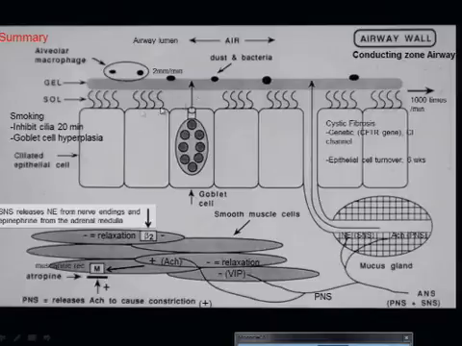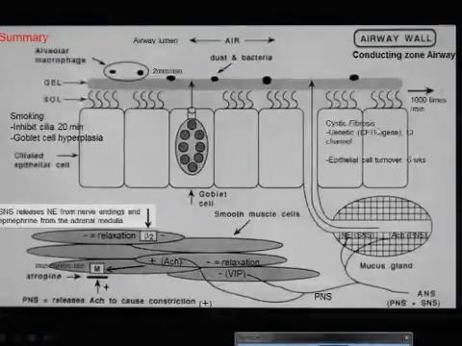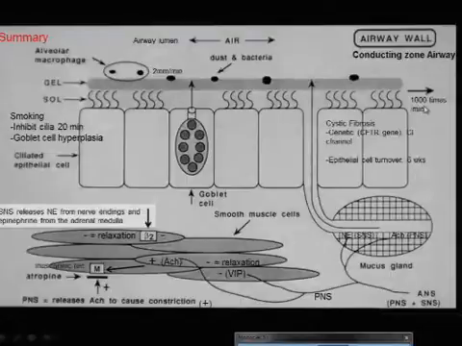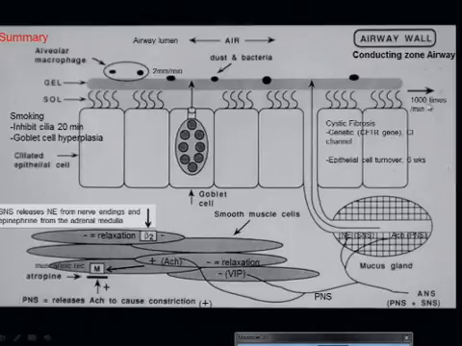Now, when we talked about smoking, there are components in smoke that inhibit cilia movement. Okay, so it basically slows them down. Here we can see that cilia normally moves about 1,000 times per minute. If you're a smoker, it slows it down to about 20 times per minute.